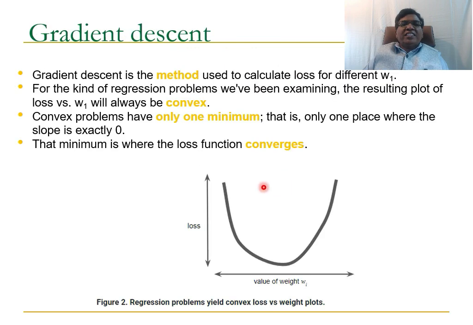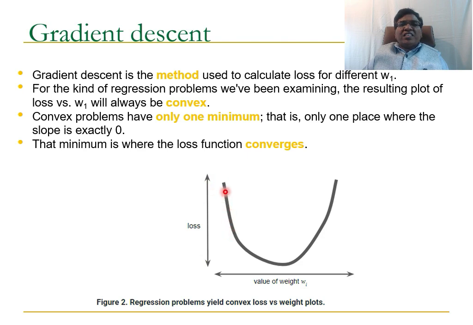What is gradient descent? Gradient descent is the method used to calculate loss for different w1. For different values of w, the loss is computed.